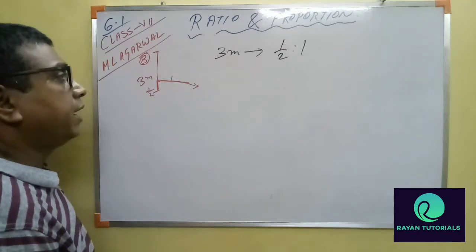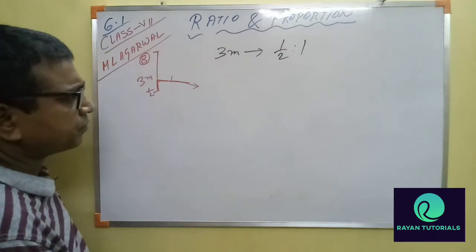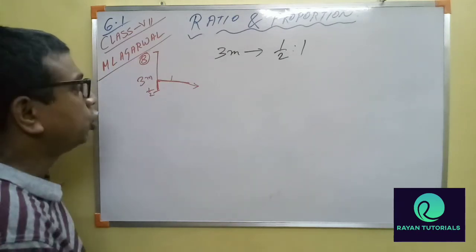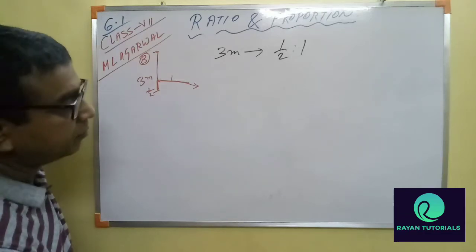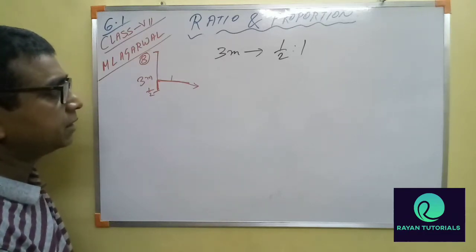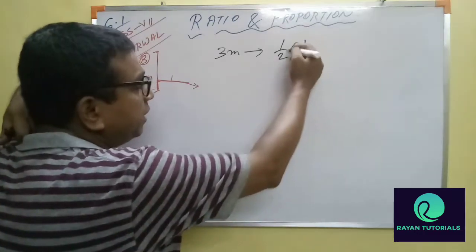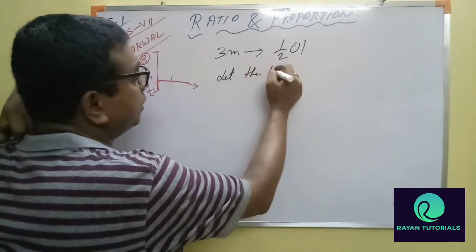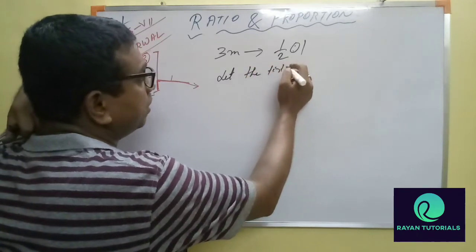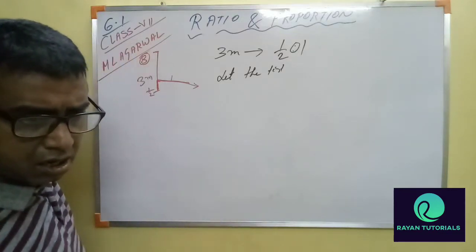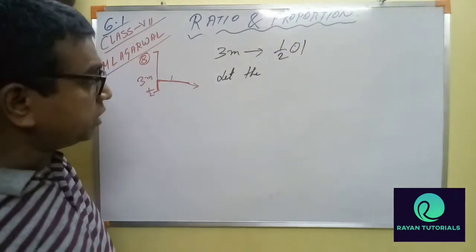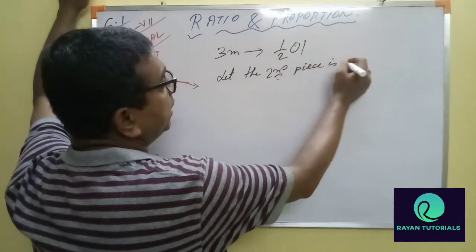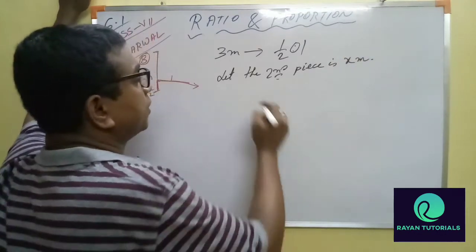Clear? Okay. Now this type of sums, there are many ways of doing this sum, but I would rather prefer to use the x. Let the second piece be x meter.